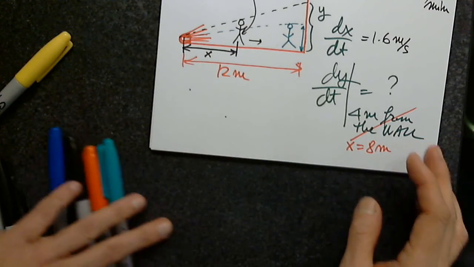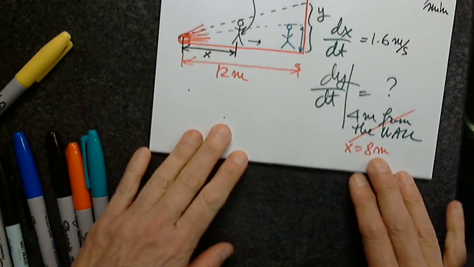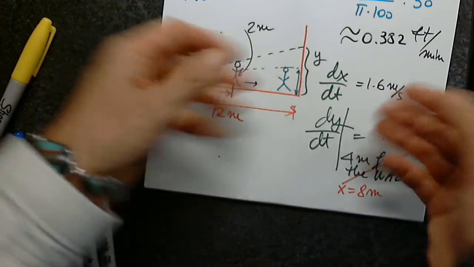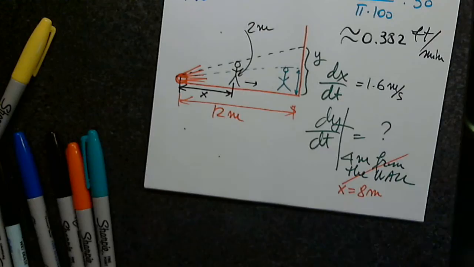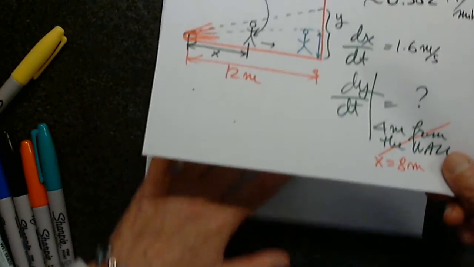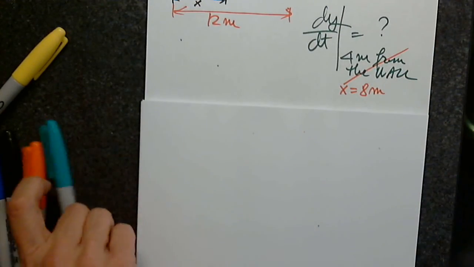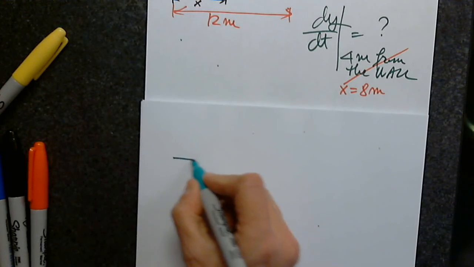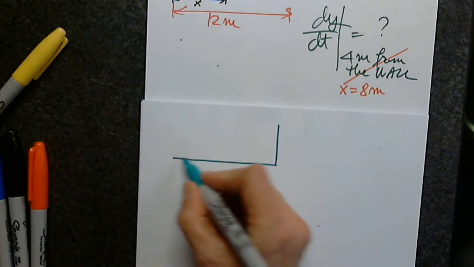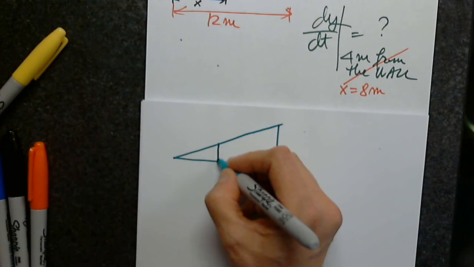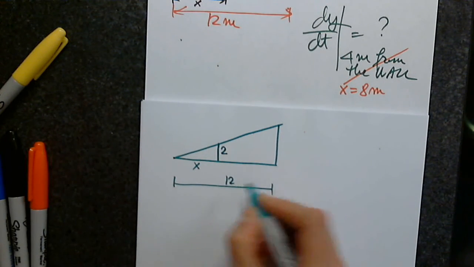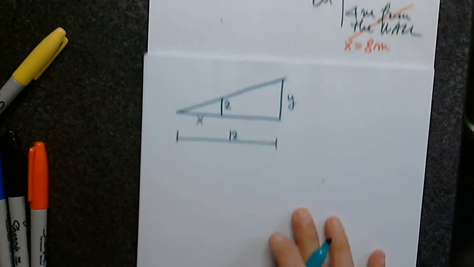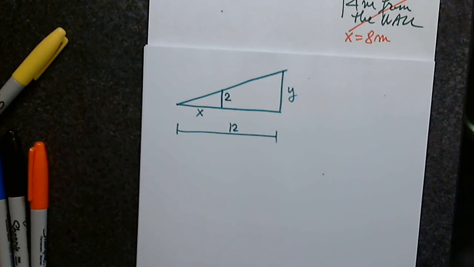So I have to create a relationship somehow between what I have and what I want. How do I do that? So I'm hoping that this will trigger your memory. What am I telling you with this drawing?